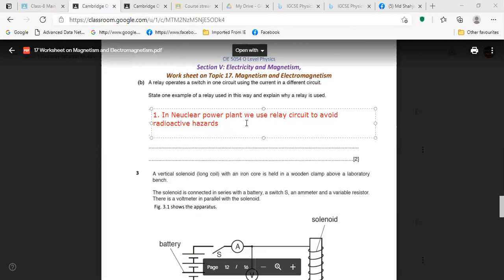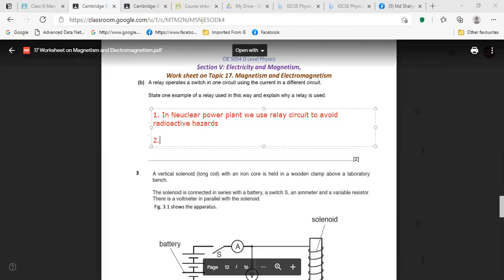Number two, you know car, right? When we are starting a car, we are using a small key, right?